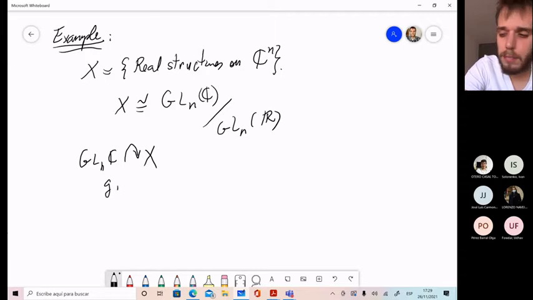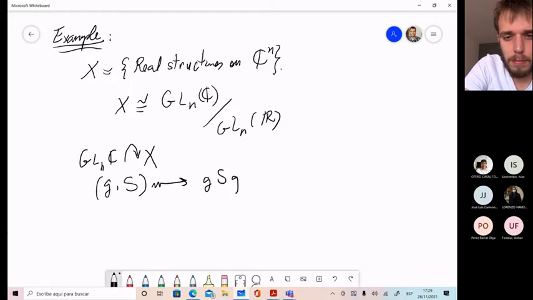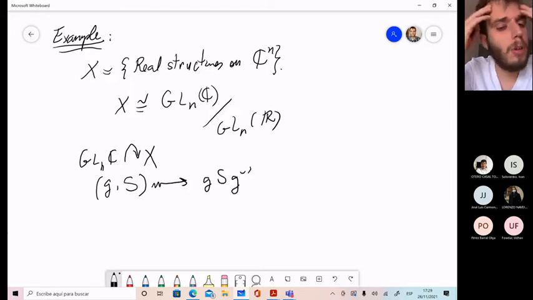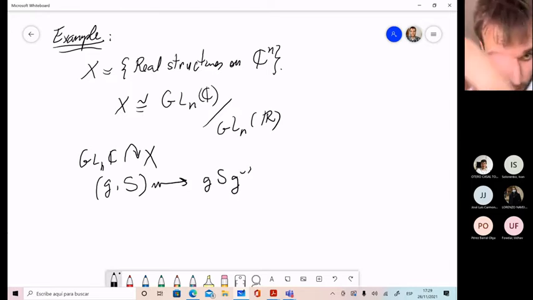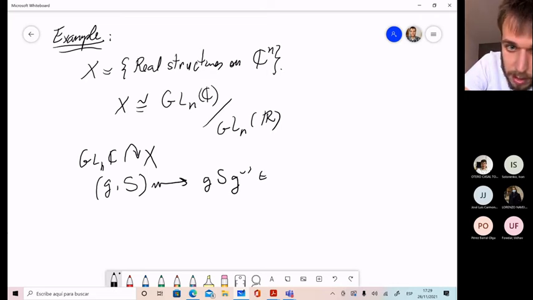You have an element g, a matrix with complex entries and determinant different from 0. You have a real structure S in X, and what you do is to conjugate, okay? And because of C-linearity, this is again a real structure. And also because S was an involution, this is an involution, so yeah, this is a real structure. And you can prove that indeed it's a well-defined action.